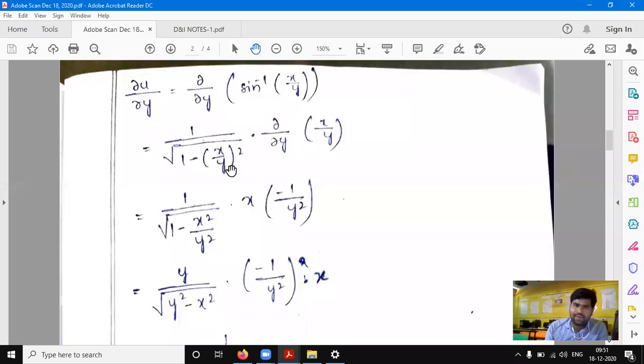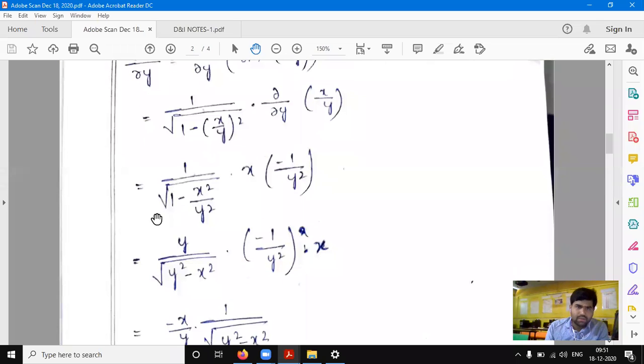So that is equal to 1 by under root of 1 minus (x by y) whole square, into, in place of the derivative term, we differentiate x by y with respect to y. So that is ∂/∂y of x/y, which is 1 by under root of 1 minus x square by y square into, here x is constant.